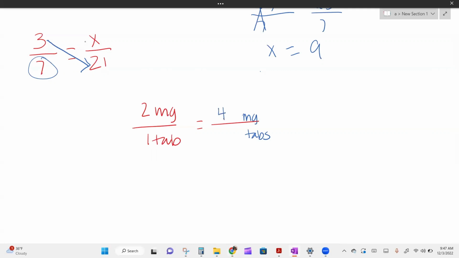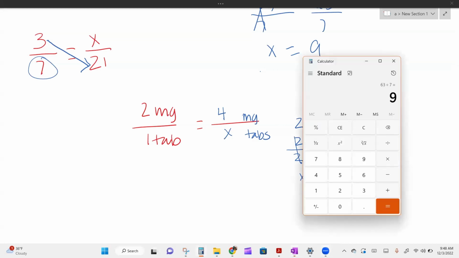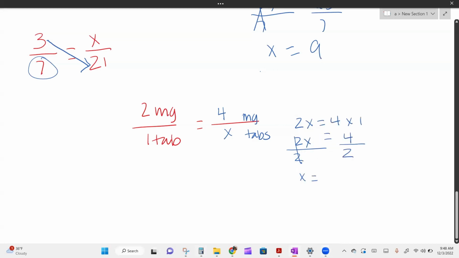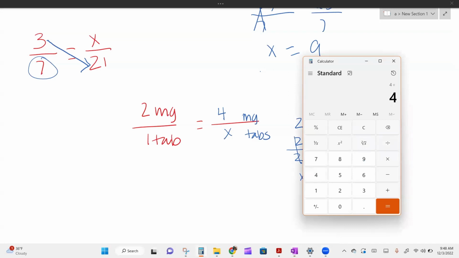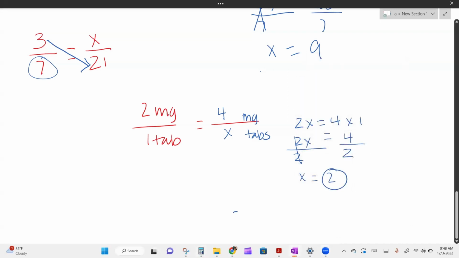So my 4 milligram is going to go here, and I don't know how many tabs, so that is going to be my X. So you could do 2X equals 4 times 1. 4 times 1 is 4. 2X equals 4. We want to get X alone, so we have to get rid of that 2. We have to do the same on the other side. So 4 divided by 2 is 2, and the answer is 2 tabs.